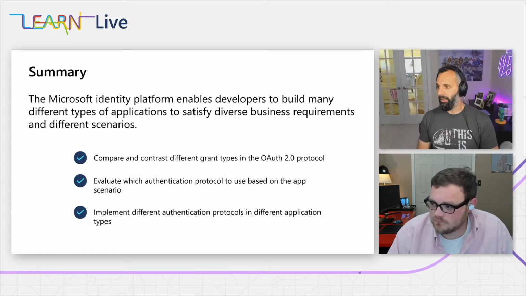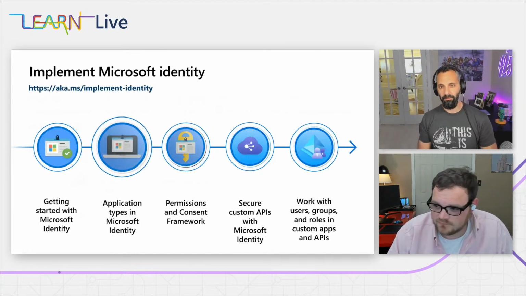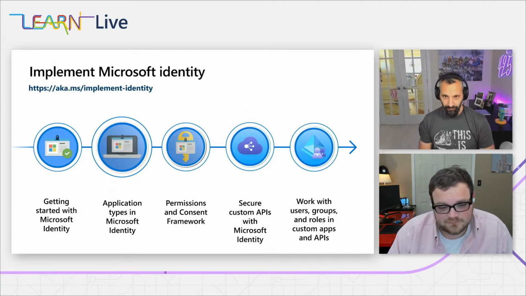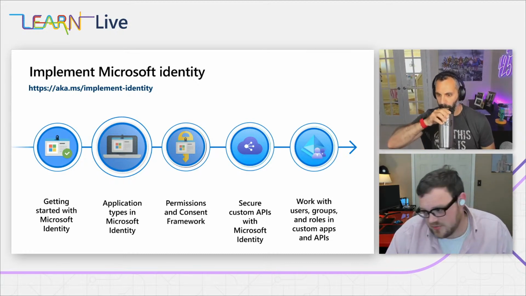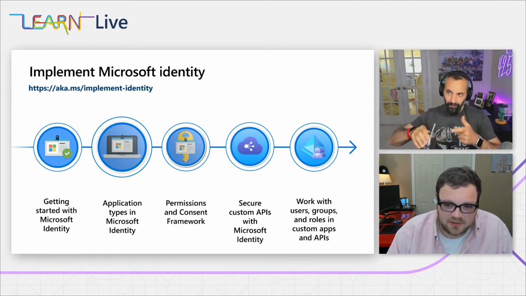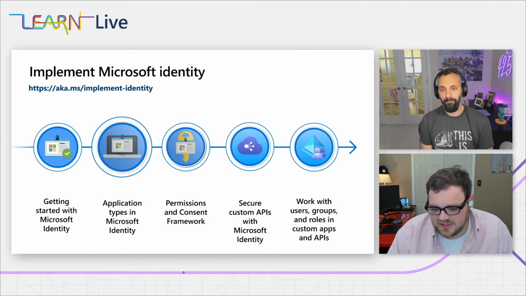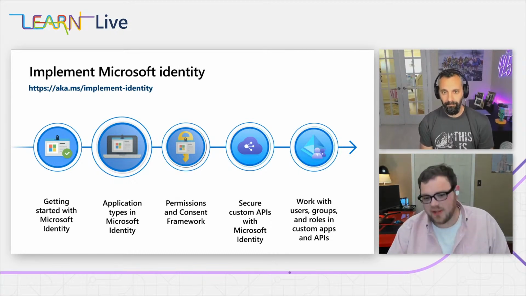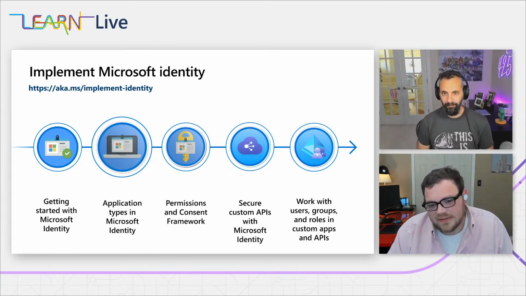Next question is for you. Can you talk to us about what's coming in the next sessions? Do you want to go back to the very original slide? There you go. So we just covered application types, right? Next we'll do permissions and consent, which we already started talking about a little bit. That's all about how permissions are defined and granted and managed.